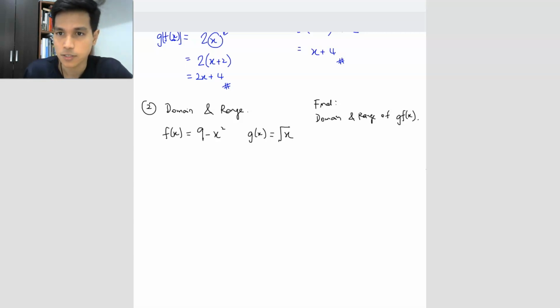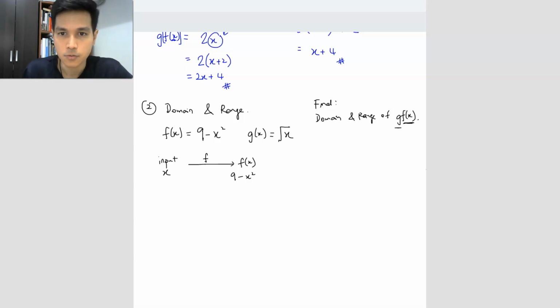You see gfx, right? That means it's going to go through fx first, then go through gx, correct? So you start with the input x, and then it's going to go through the f function to give you the first output fx. So fx is 9 minus x square. That's what is given here.